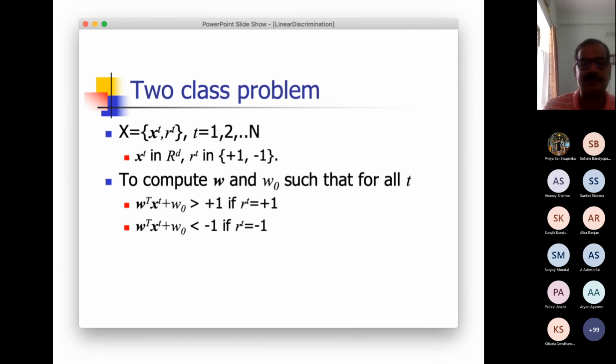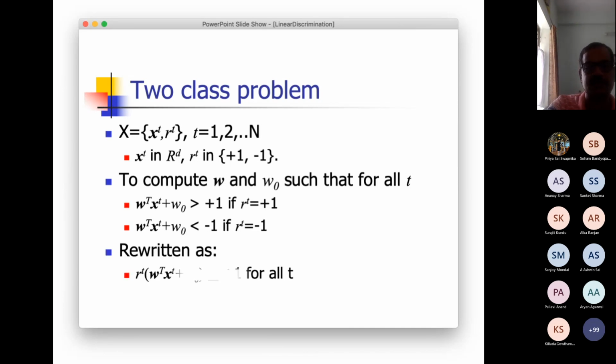That means the value should be +1 and -1, as if they are the class values, and we are trying to keep the same as class value in the numerical sense also. So we are also keeping a certain margin. It is not only the separation, at least we are trying to guarantee a margin. So we are writing it in this way.